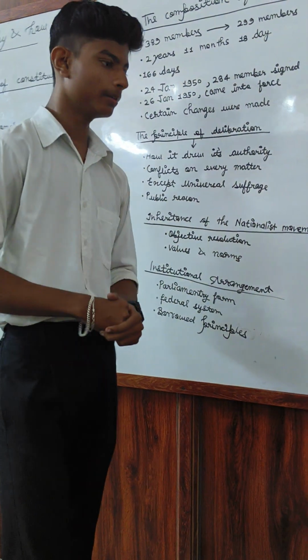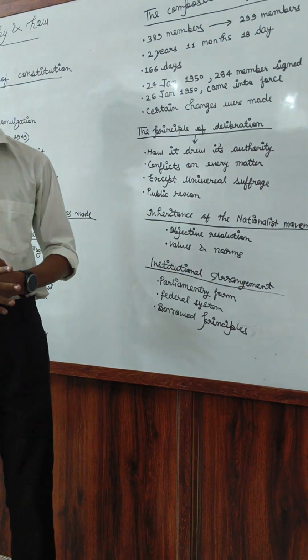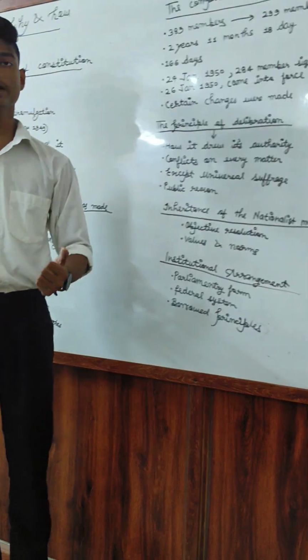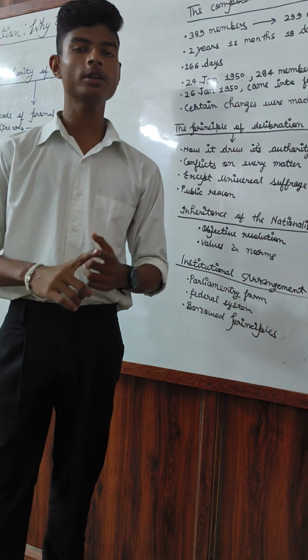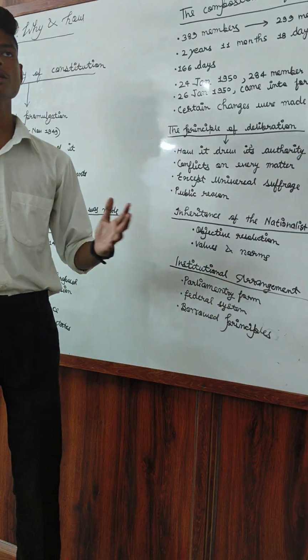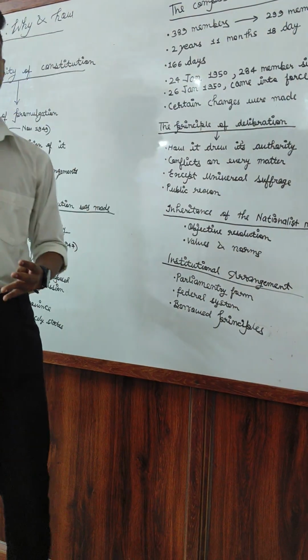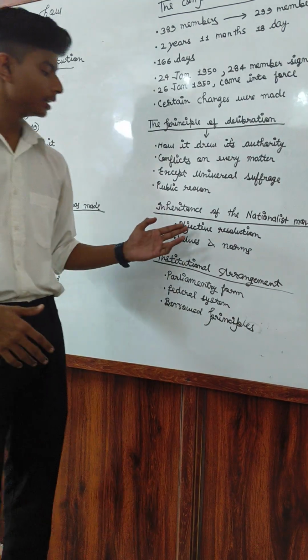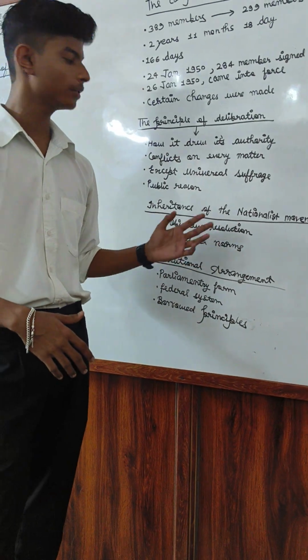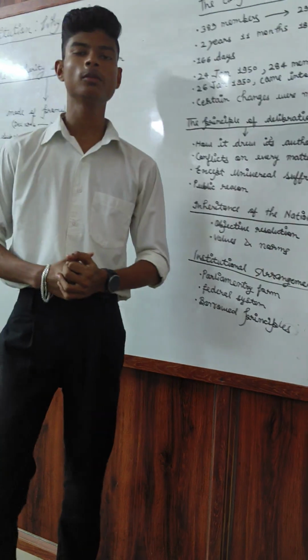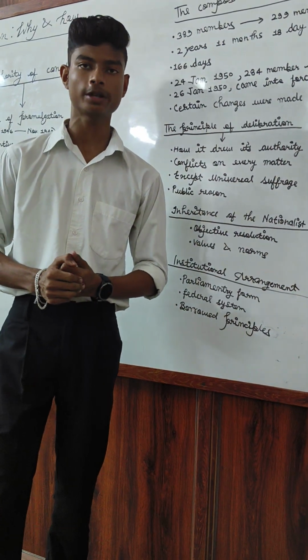Inheritance of nationalism. No constitution is just a product of the people who made it. The Indian constitution was made and given concrete shape because there was a nationalist movement taking place in the background that forced the constitution to be made. There was an objective resolution, introduced during the nationalist movement and moved by Jawaharlal Nehru in 1946.